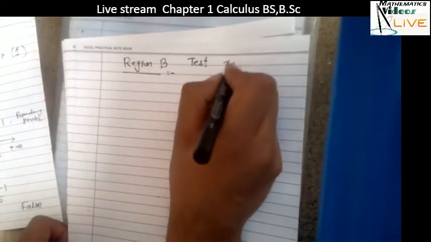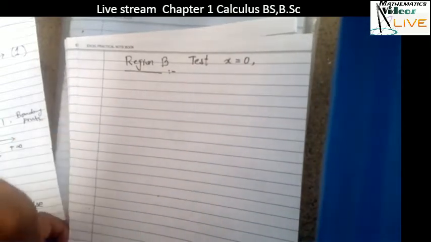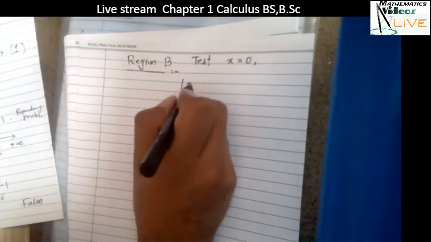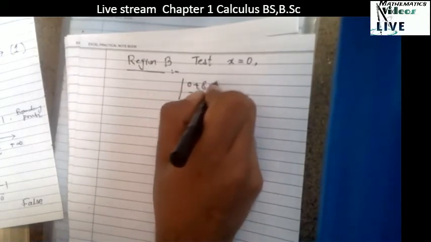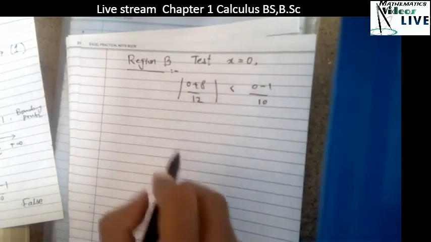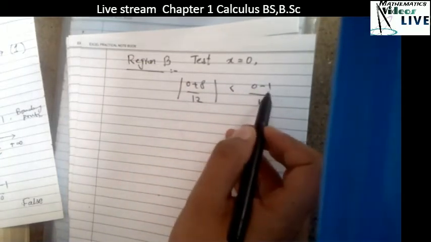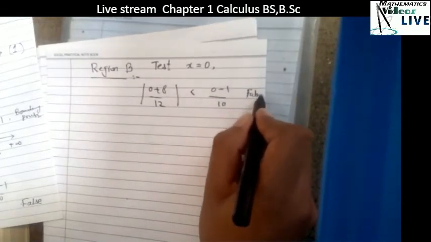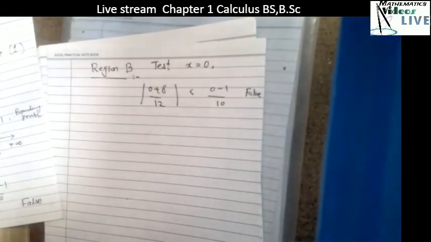Now we will check the second region, that is minus 3.1 up to 46. One of the points in this region, between this and this, is 0. So we will put 0 in this region.